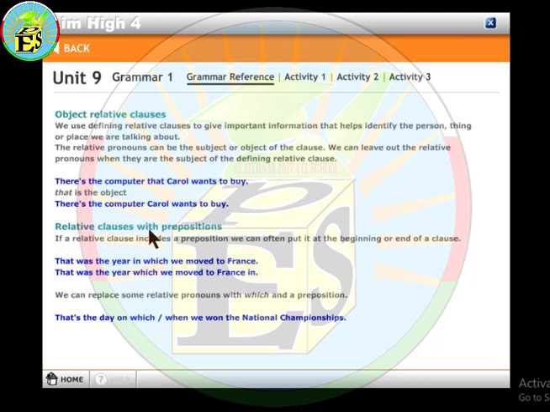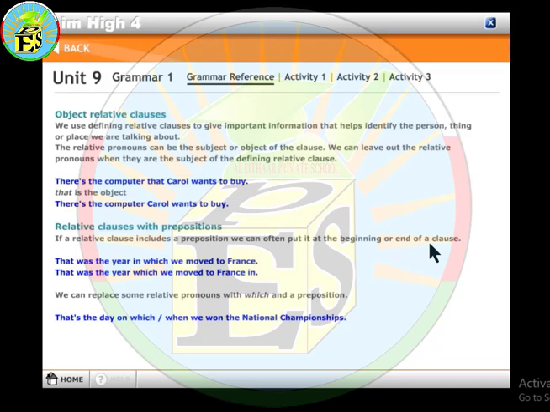Relative clauses with prepositions. Prepositions like in, on, from, for. If a relative clause includes a preposition, we can often put it at the beginning or end of the clause.